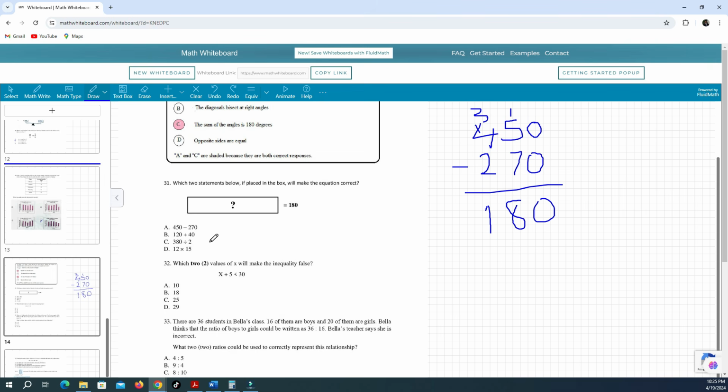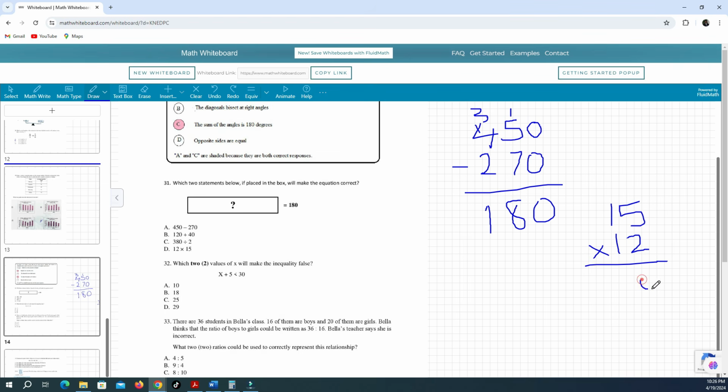120 plus 40 is 160. So that is not correct. And 380 divided by 2, 28 is 4. So this is totally wrong. So let's try 12 times 15 to see if that is correct. So we have our 15 times 12. Let's try it that way.